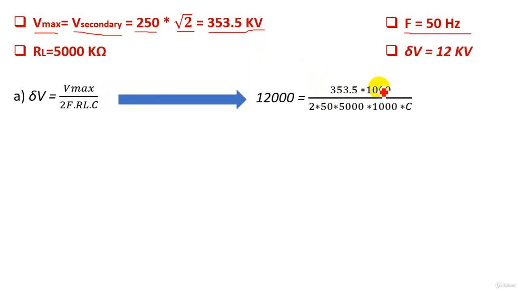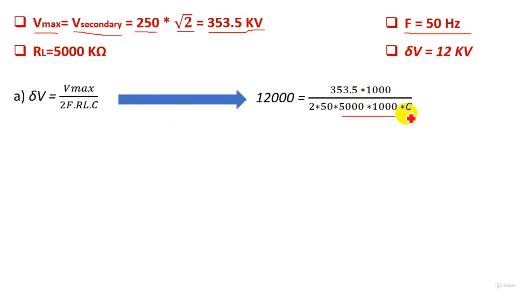We multiply this value by 1000 to obtain it in volts. Also the supply frequency is 50 Hz and the load resistance is 5000 kilo ohm.